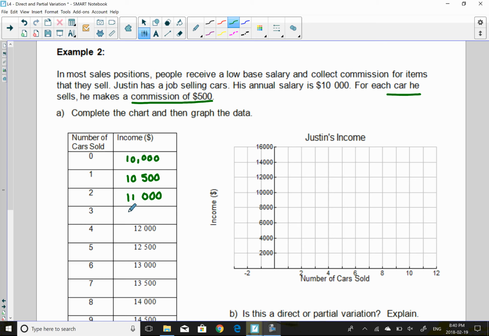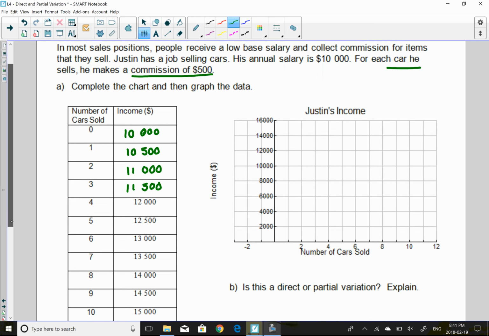And another car, you're going to add another 500. So I'm just going to erase the comma, because in some cultures, commas represent decimals. So I'll just leave it as a blank. Okay. And so on. So this table is completed for us.